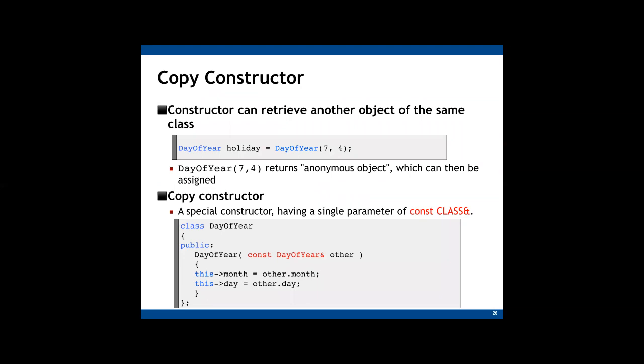Okay, there is another type of constructor, which is a copy constructor. A copy constructor is a constructor which initializes an object using an object of the same class that has been created previously.